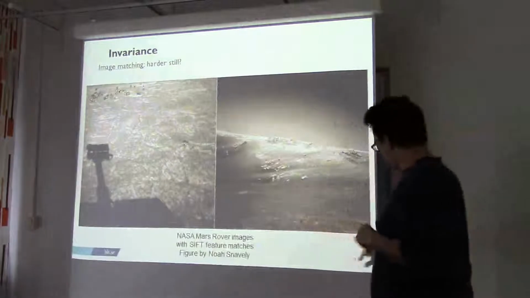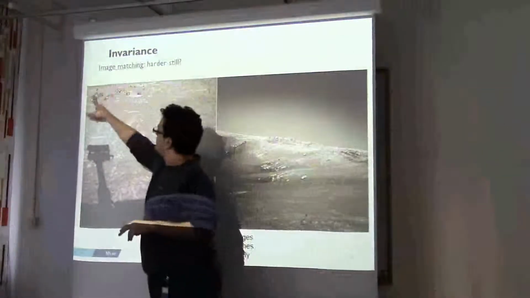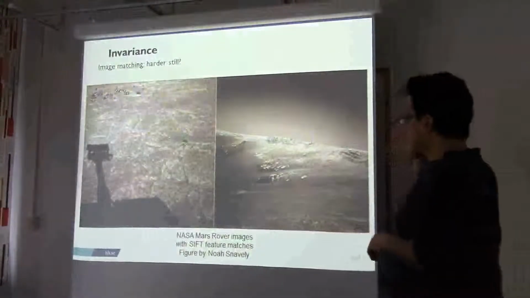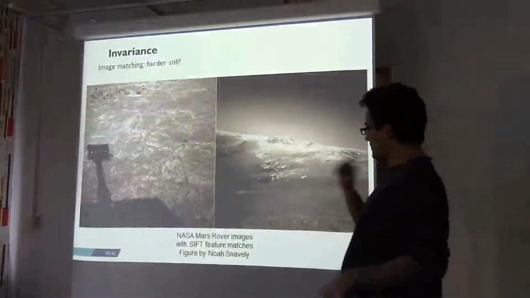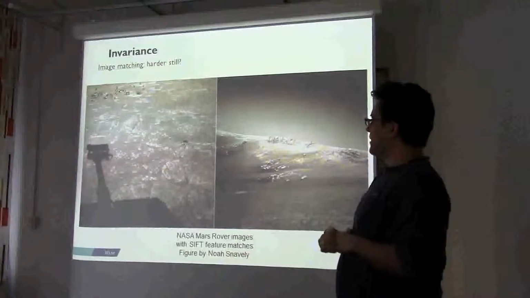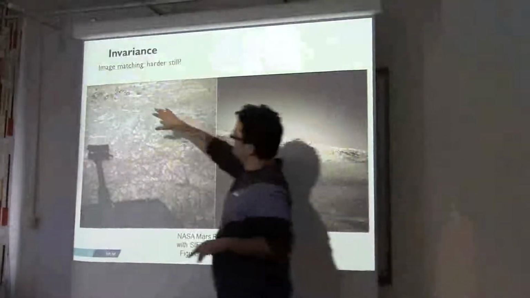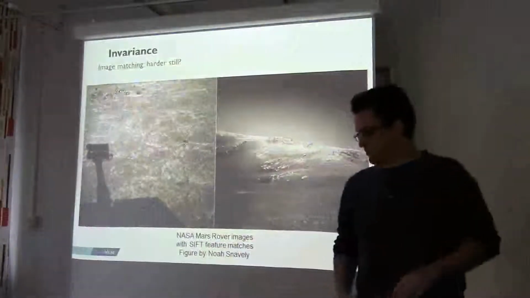You can see some points. This is a real experiment. This image was taken from one satellite, and the other image was matched to say that it's this region here, based on SIFT features, which we are going to explain today.